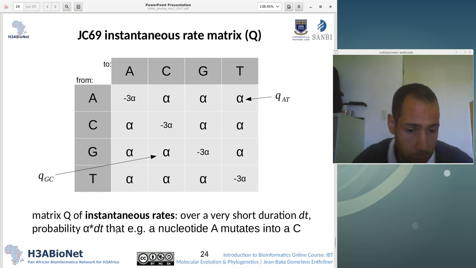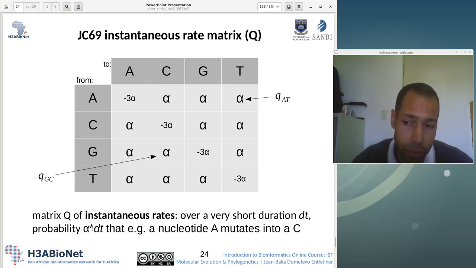It doesn't work to say the probability of a mutation from A into C over a long time t is alpha times t. That's wrong, okay? And what is supposed when we talk about instantaneous rates is that we cannot have two mutations during one single atomic duration dt, okay? We cannot have two mutations taking place.